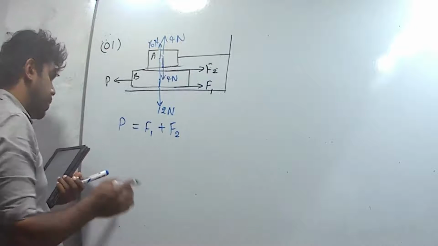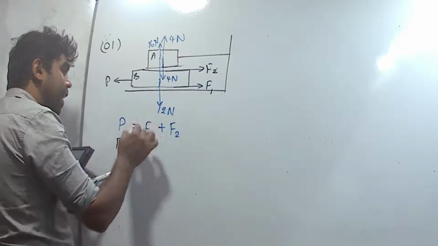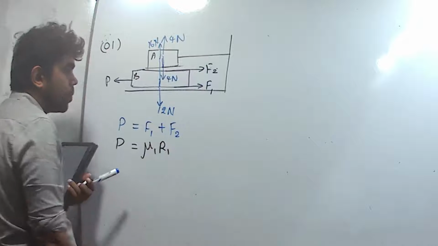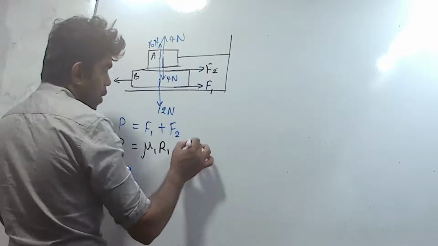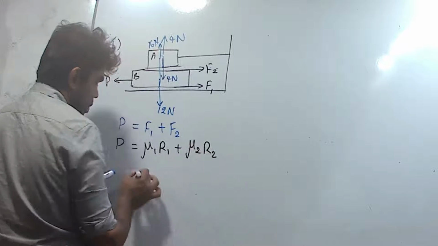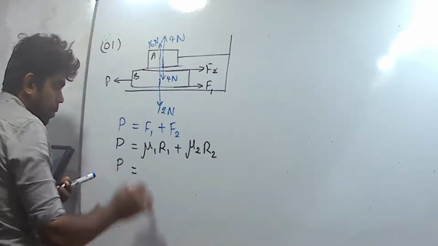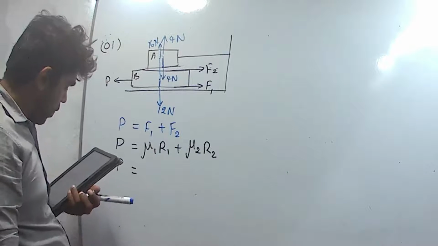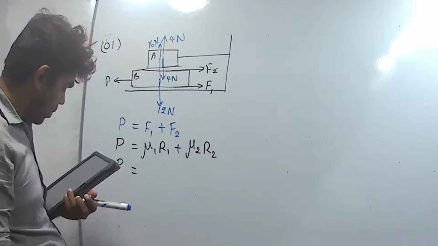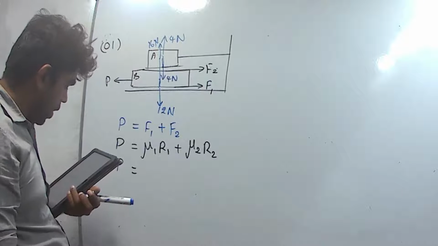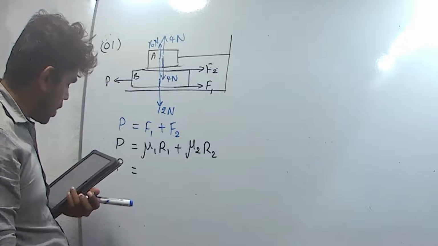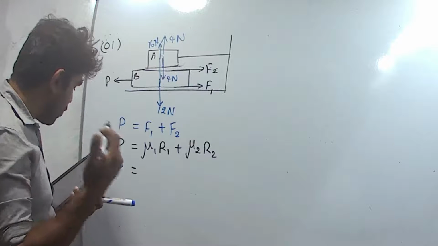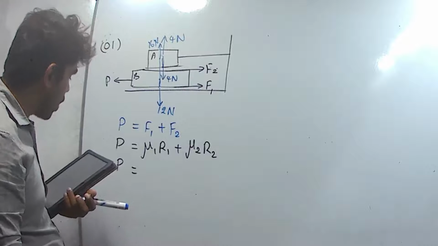Then I will substitute values. F1 is mu1 R1 plus F2 is mu2 R2. Mu is the frictional coefficient. They have given that the coefficient of static friction between A and B and B and F are the same and equal to 1/4.